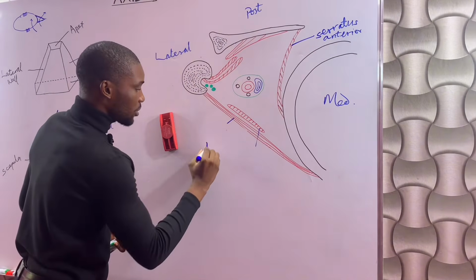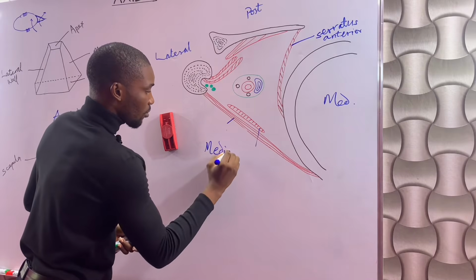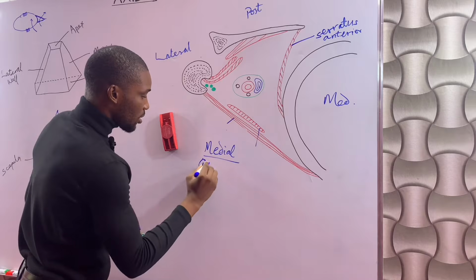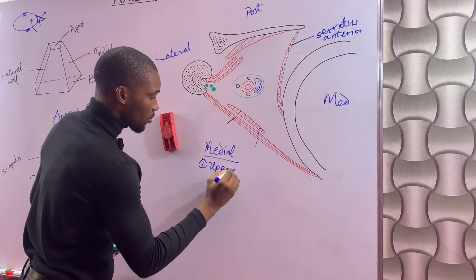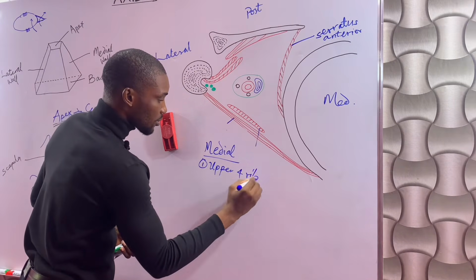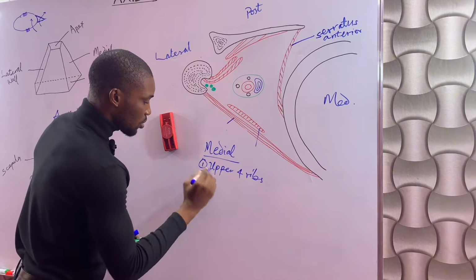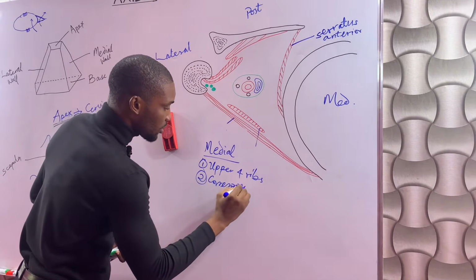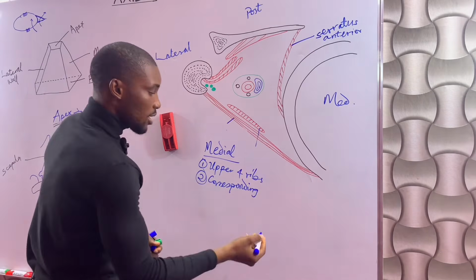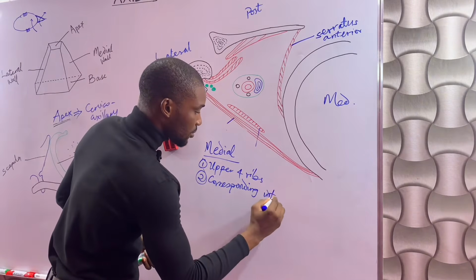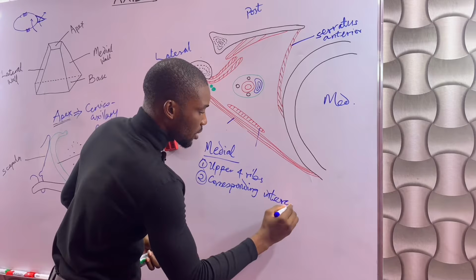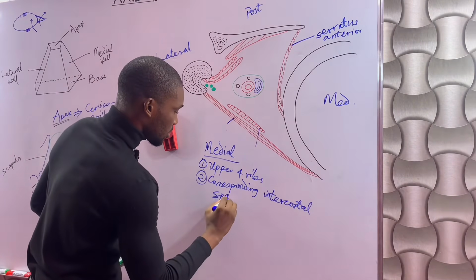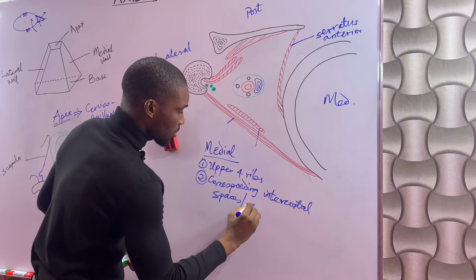Now the medial border consists of what and what? 1, the upper four ribs. 2, corresponding intercostal spaces and muscles.